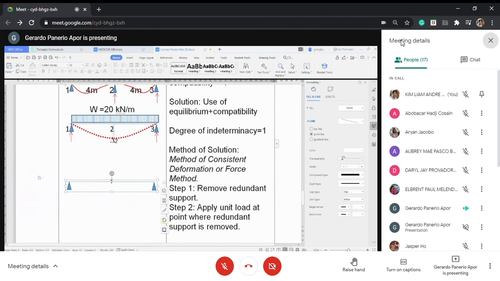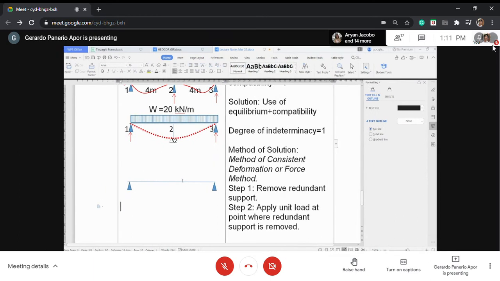Wala na kay load. Okay. But you have really to apply unit load. This one, no? Very important. That's the key. Okay.